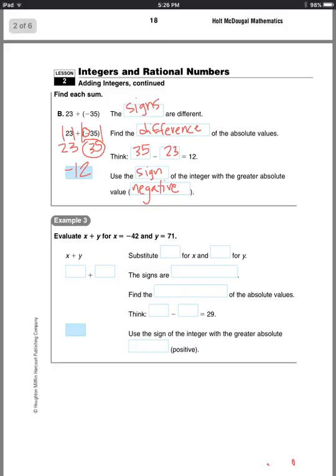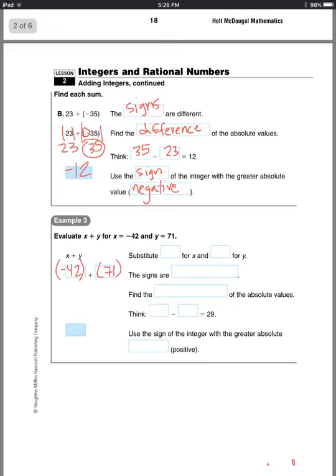Example 3. Evaluate x plus y for x equals -42 and y equals 71. Now it tells us exactly what x and y are. It says x is -42, which we like to put in parentheses, and y is 71.